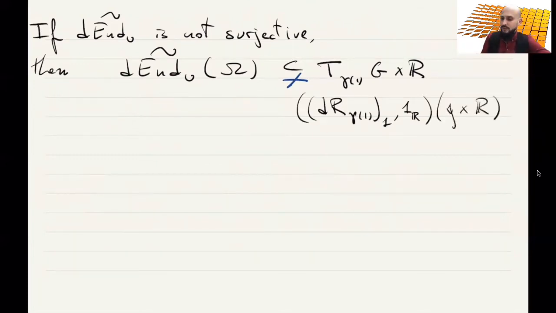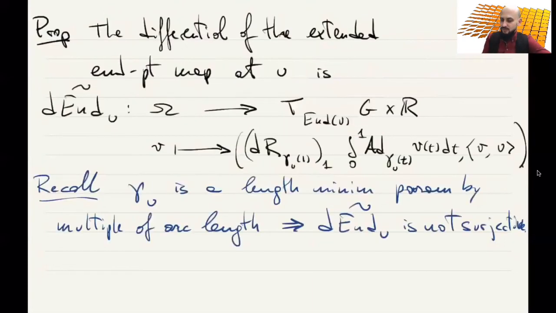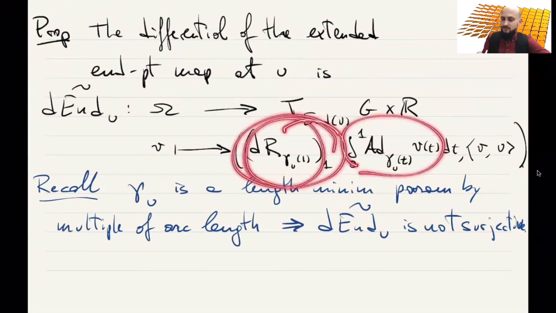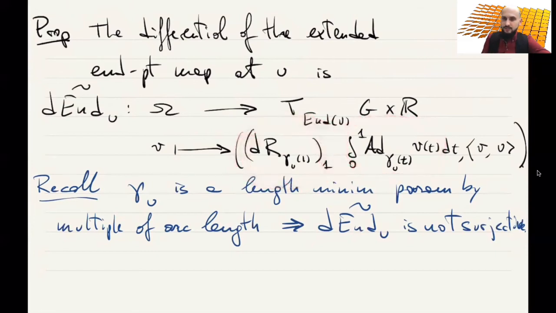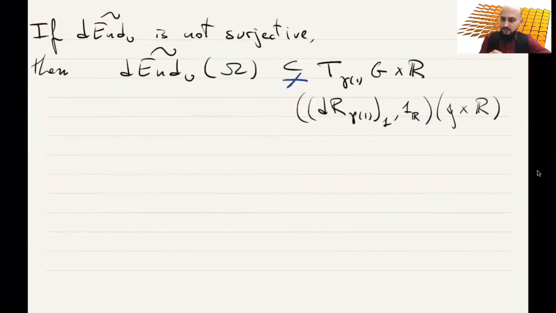Why do I want to write it like this? Because I have the expression for the differential with this map here. So up to bringing back this vector via the inverse of this map at the identity, what I can conclude is that I have a proper subspace. How can I say that you have a proper subspace?